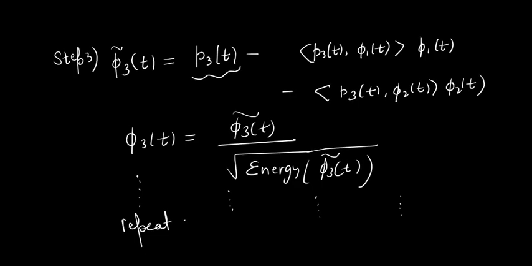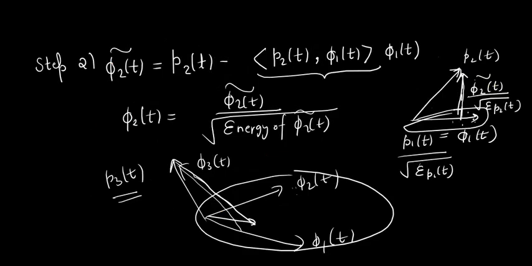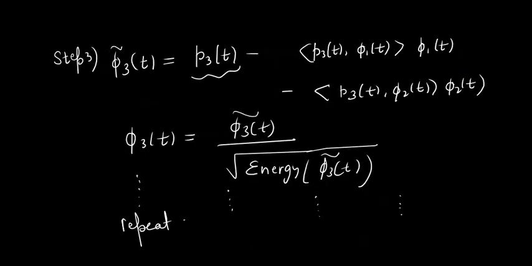You understood my point? Yeah, it is something like that. So this is how you are going to evaluate it, and you have to repeat it until you consume all the p's up to p n, right. So let us take an example to better understand this concept.